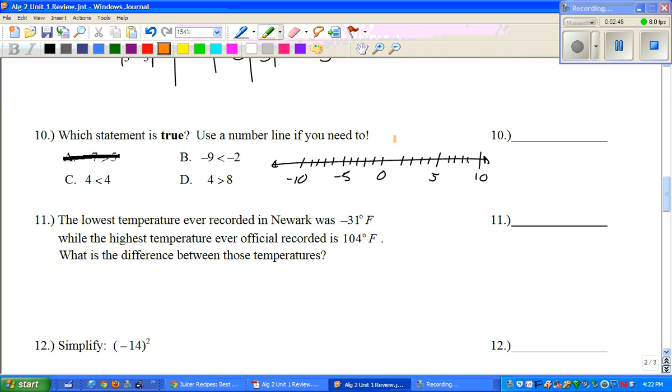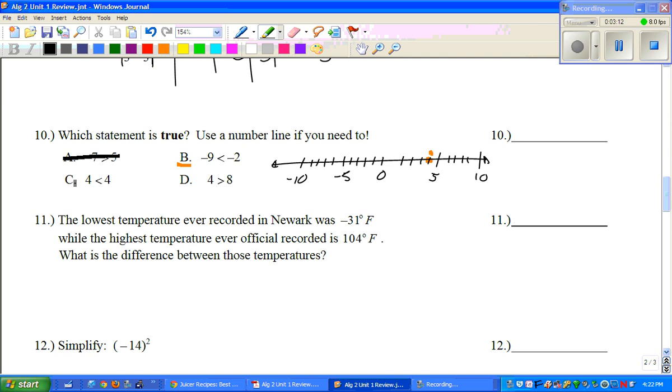Let's look at the next one. Is negative 9 less than negative 2? So negative 9, is that all the way down here? Is that less than 2? Well, I think it is. So I think it's B, but let's double check the other ones. So C, is 4 less than 4?